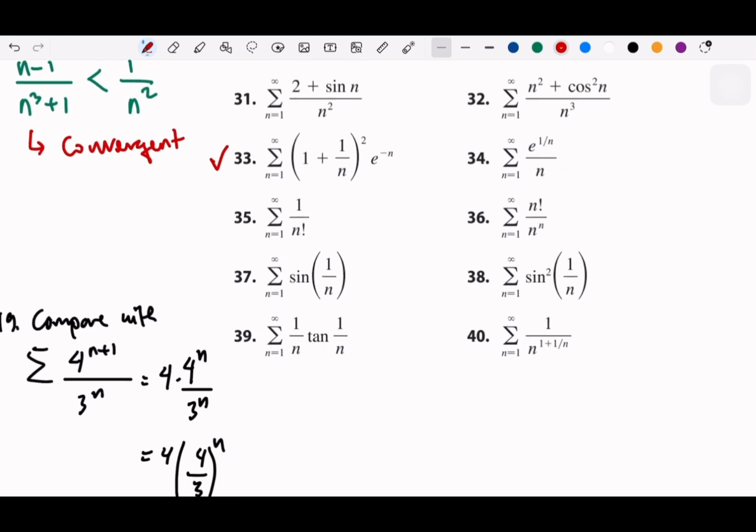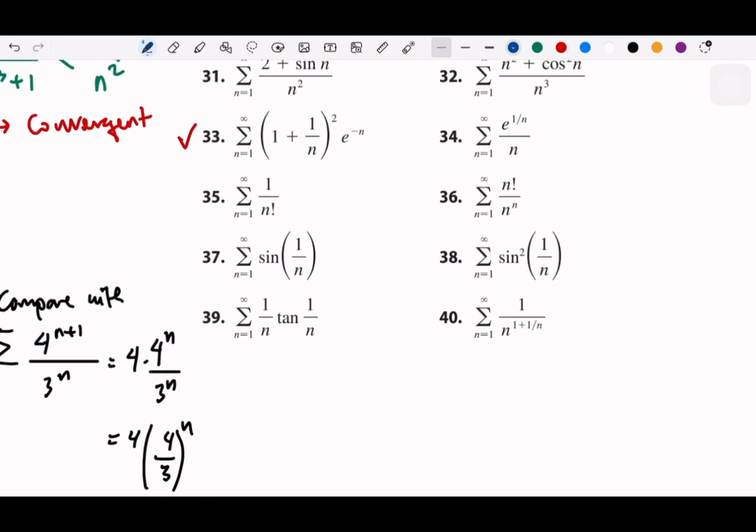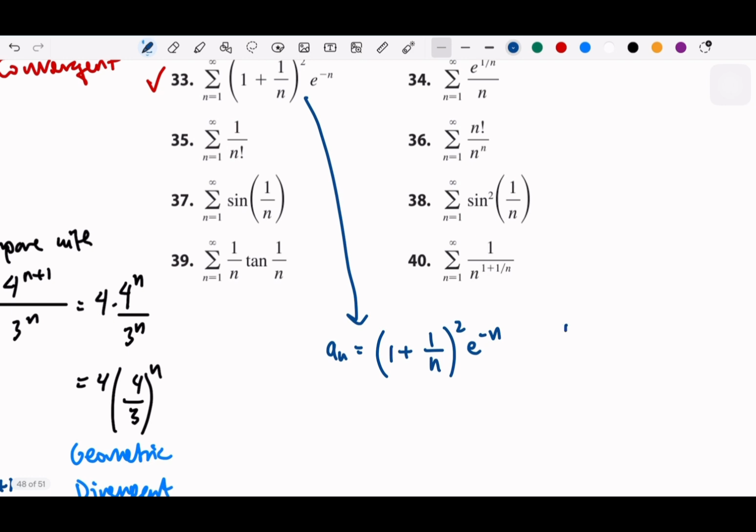So for this special case, number 33, let's say our an is... every time you see inside the parentheses 1 plus 1 over n, perhaps at a later time it could be converted into some special property in the exponent. But let me just write this e power negative n, and then bn.